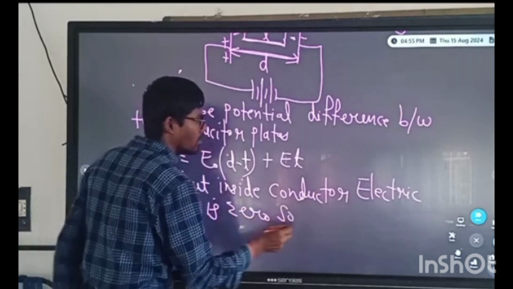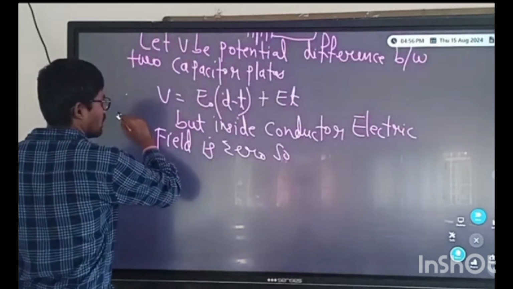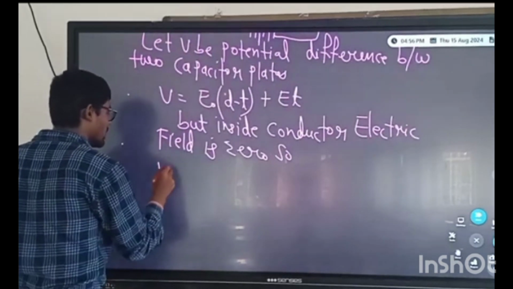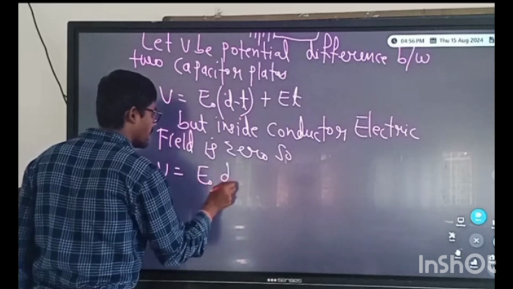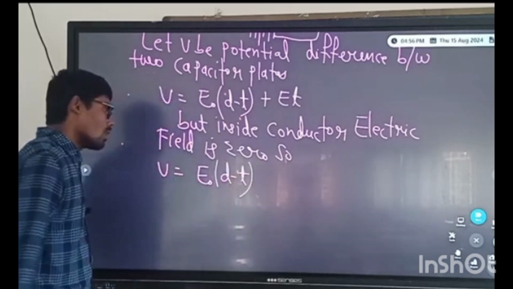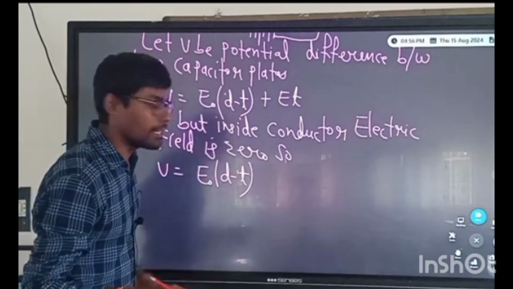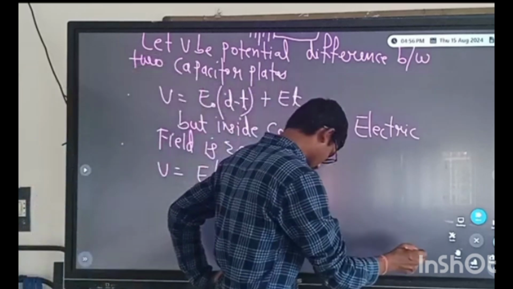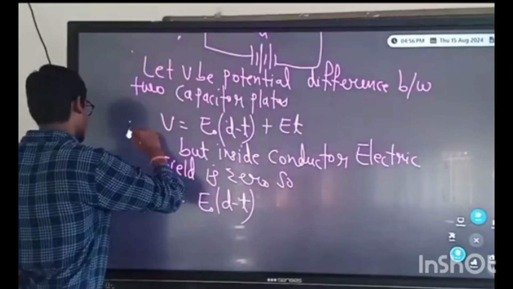So V is equal to the external electric field times (d minus t), only this. Now, what is the electric field between the two capacitor plates?